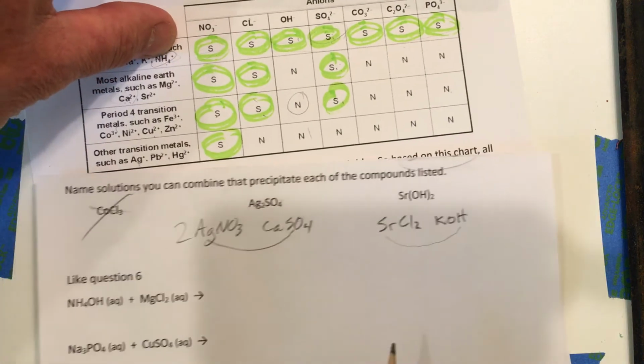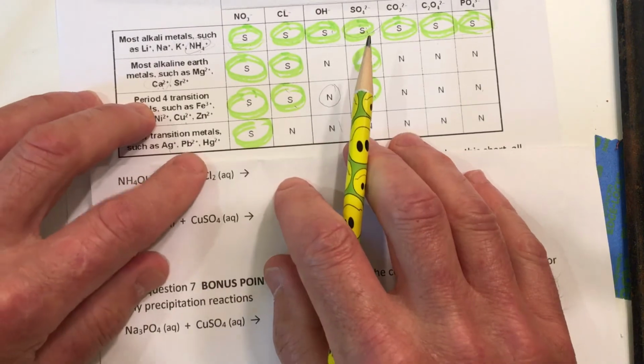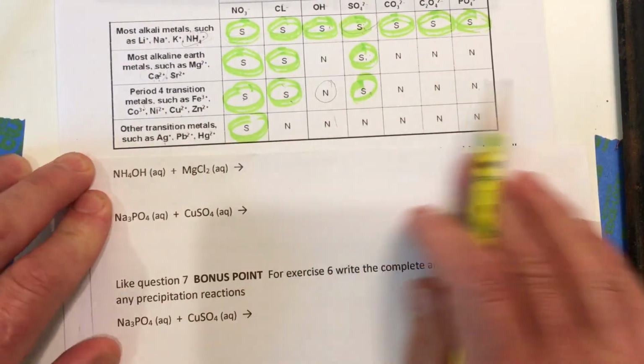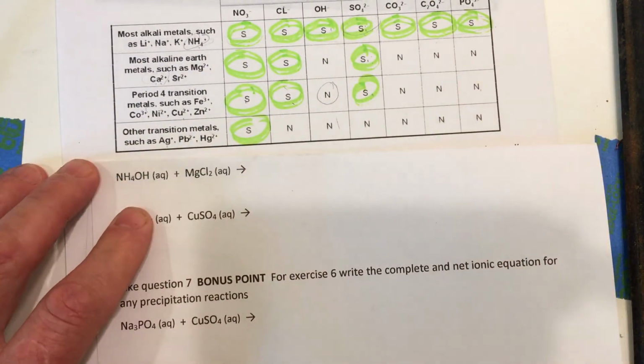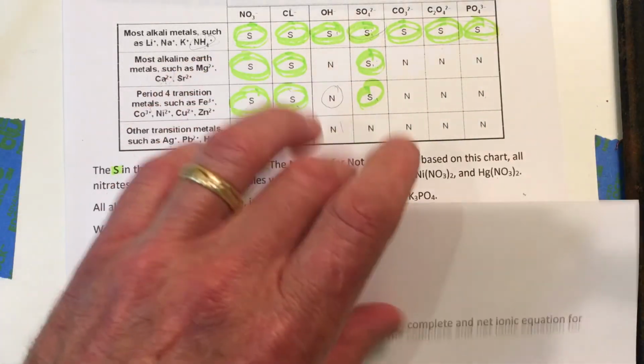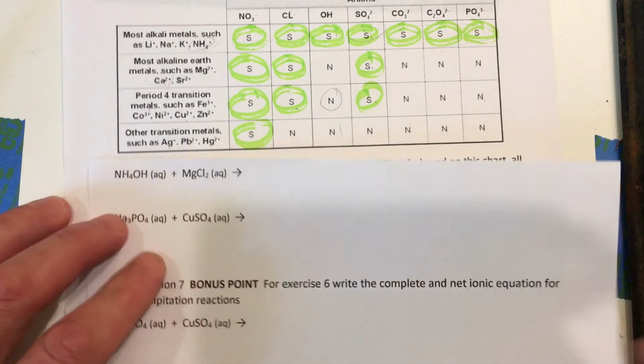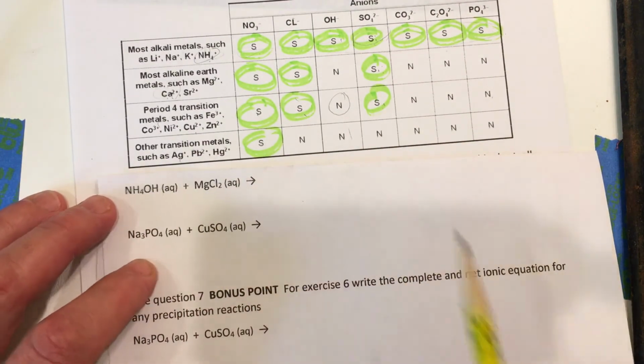All right. The next one we're going to do is going to be like question number 6 in your book. Again, you'll need your chart. What we're supposed to do here in number 6 is write an equation for the reaction between these two compounds.